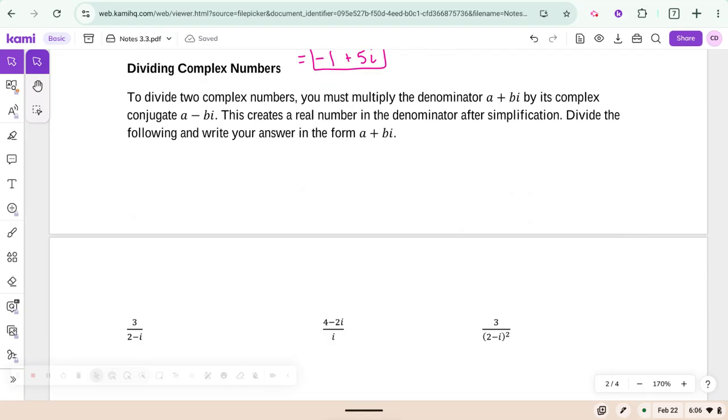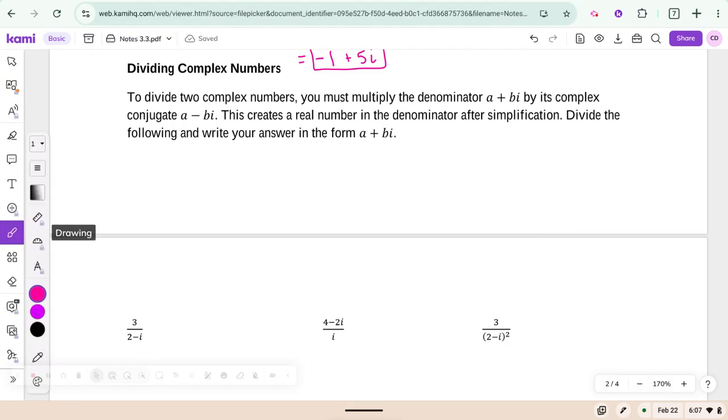Now, when you are dividing complex numbers, what you're going to do is simply multiply the denominator and numerator by the complex conjugate. If you have a complex number a plus bi, the complex conjugate is a minus bi.